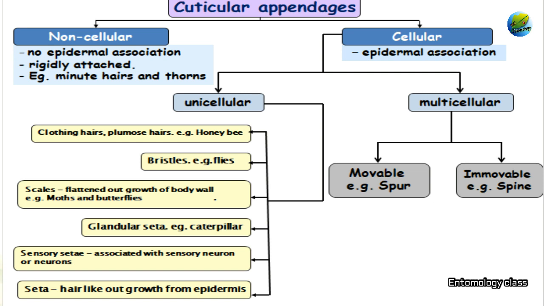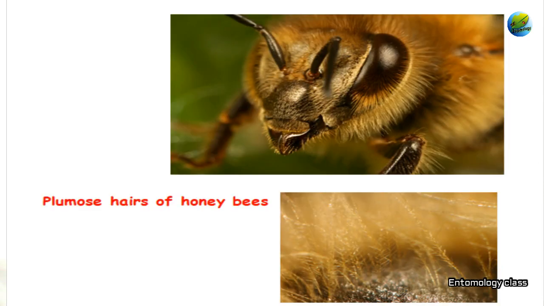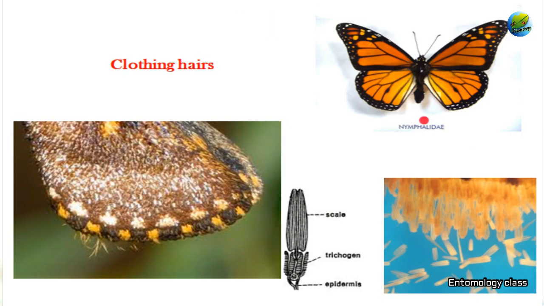Examples for them are the clothing hairs or the plumose hairs of the honeybees, as we can see the hairs of the honeybees here. And there are also bristles of the flies, and other examples are the scales, which are flattened outgrowths of the body wall, especially in moths and butterflies, especially in their wings.